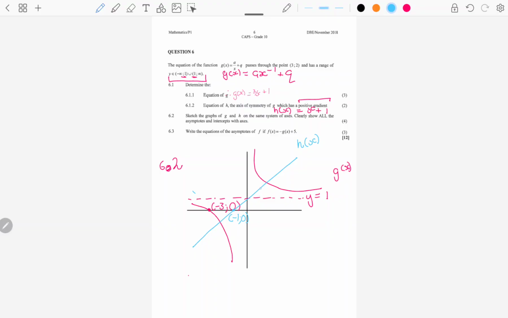We didn't show the y-intercept of h of x. h of x is equal to x plus 1, so y equals 0 plus 1, therefore y is equal to 1. That means the y-intercept of h of x is 1, which is in line with the asymptote.